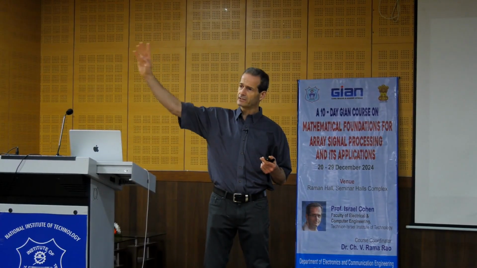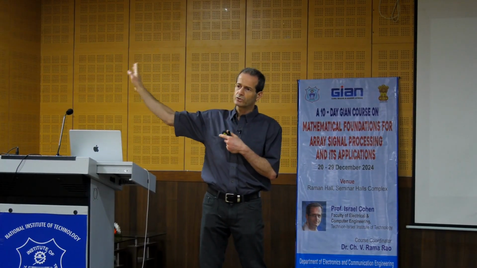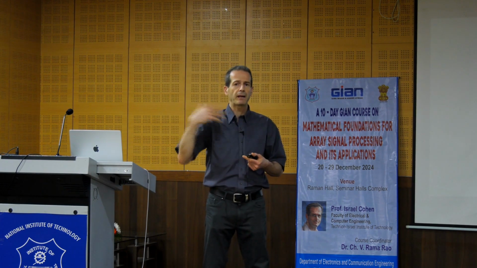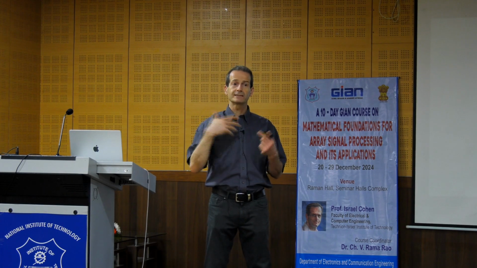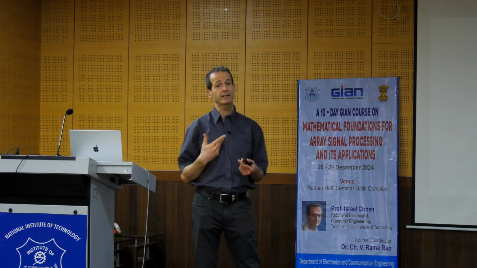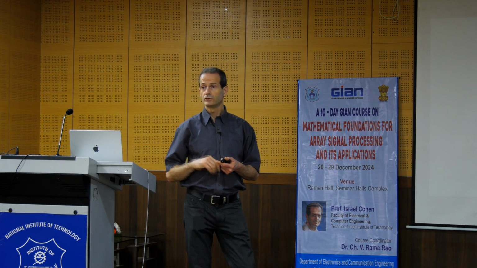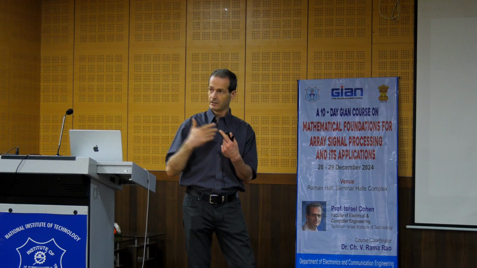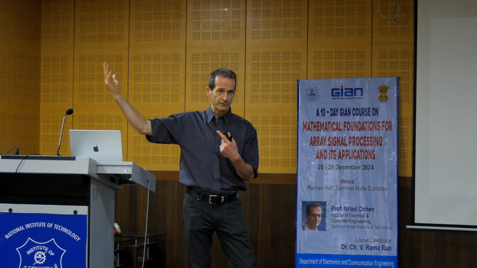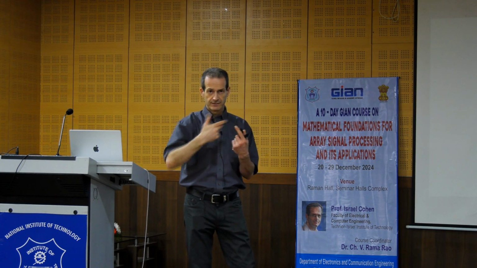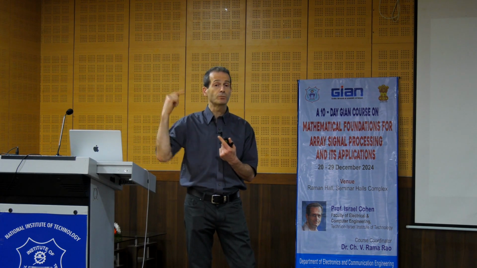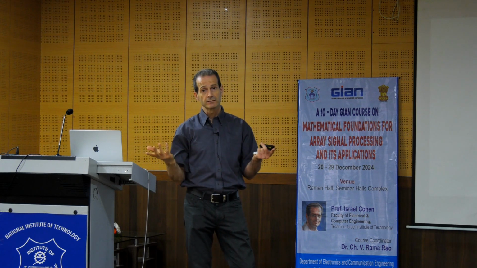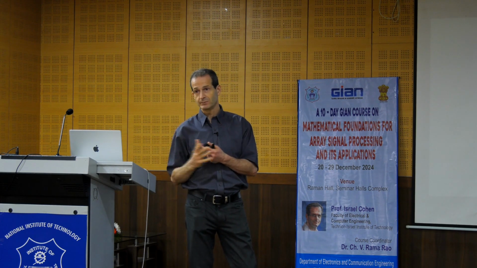But suppose that the interference comes from this direction, but there is also reflection through another path that comes to our system. So still it may affect our system. So if we can estimate these relative transfer functions from the interference towards the array, we can suppress also the reflections. And then we call it multi-channel signal enhancement.